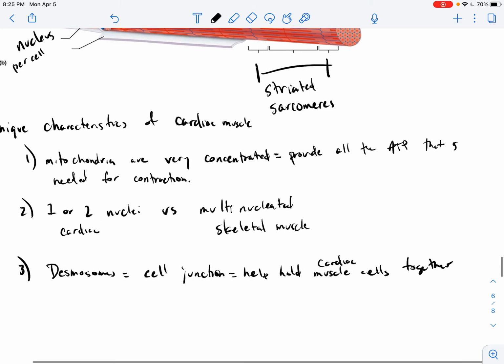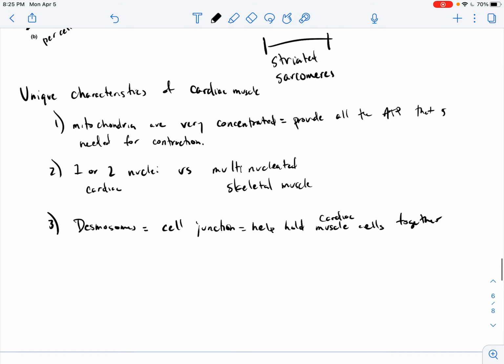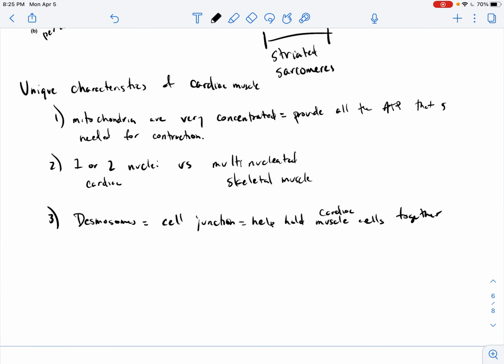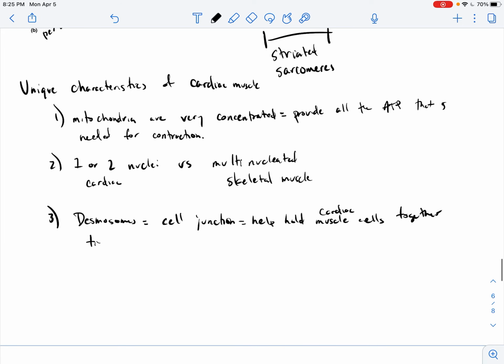The reason why this is so important is we certainly wouldn't want a tear in your heart muscle. Imagine if one heart muscle cell contracted so tightly that it tore away from other heart muscle cells. That would be very bad. So these are tight junctions that keep the cells stuck together, and that is very, very important.